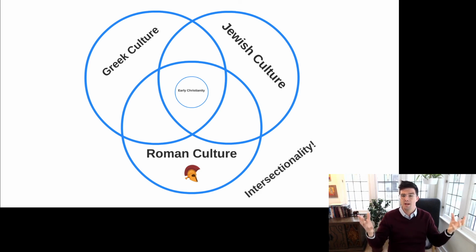What we might call an intersectional way of thinking about culture, religion, and any number of other sociological factors. These cultures are coming together and expressing themselves in ways that are both competing and compatible with one another.